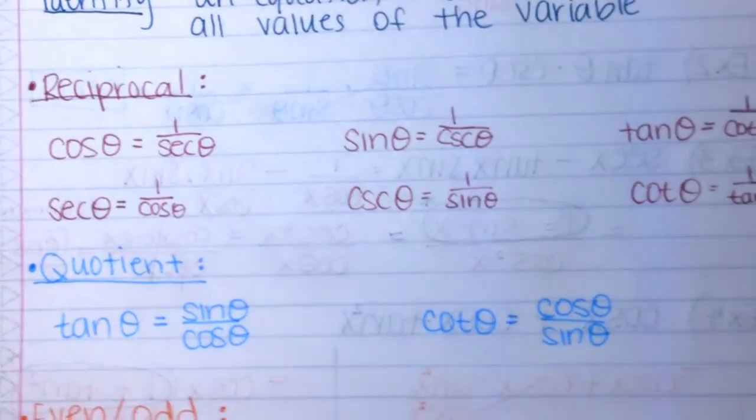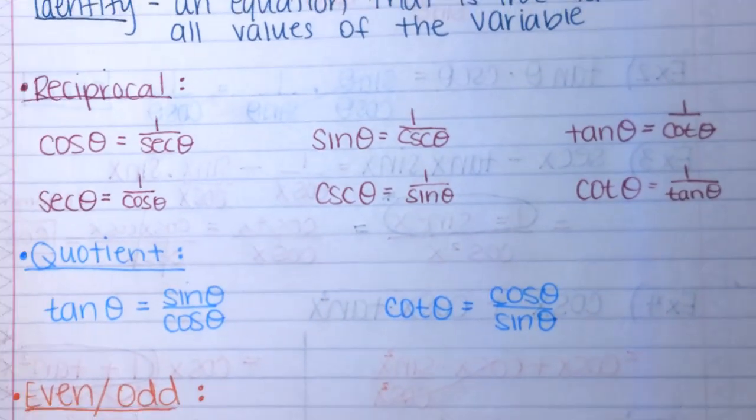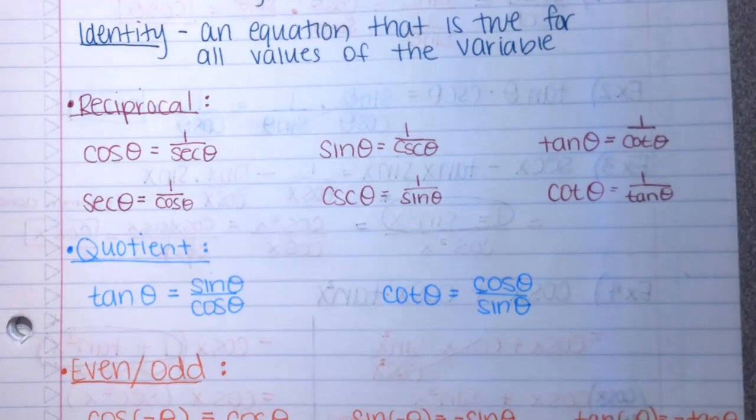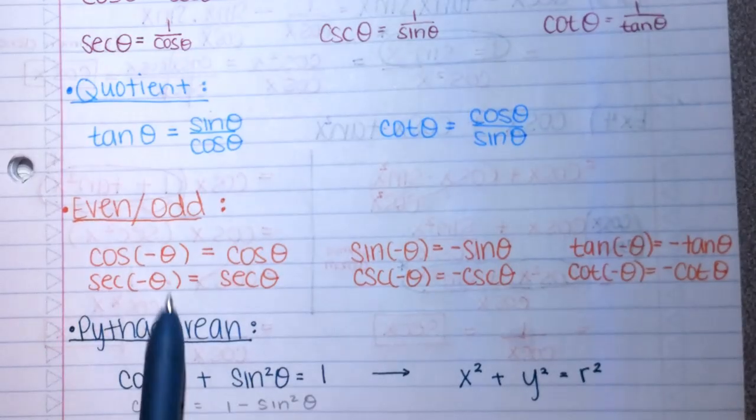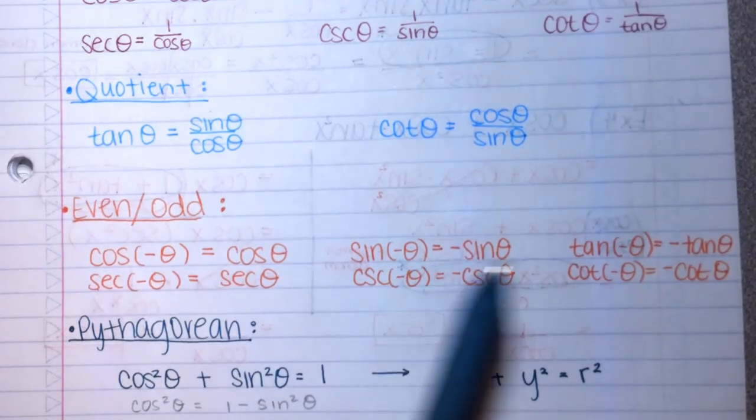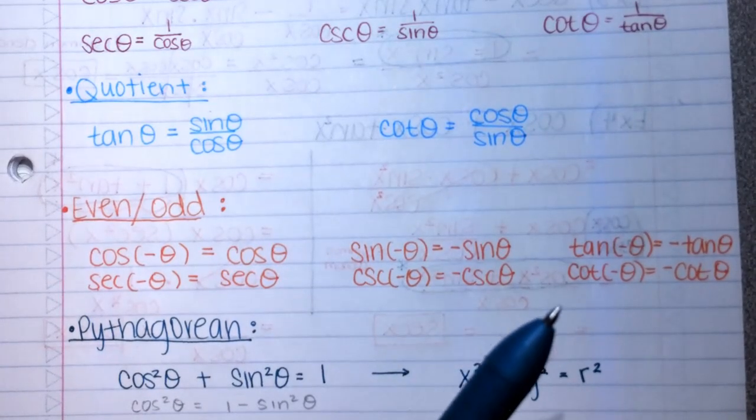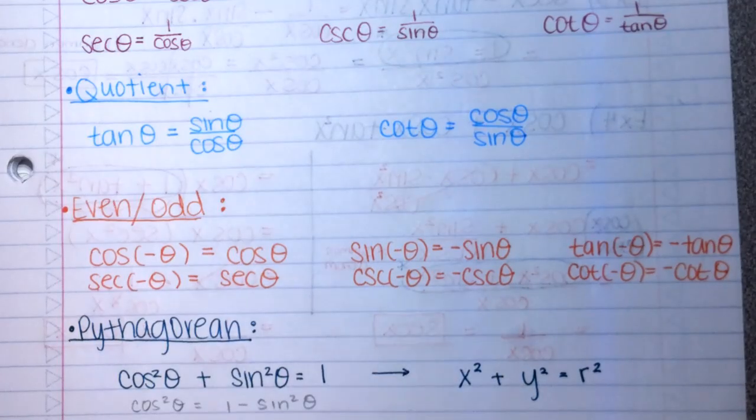All right. So as a reminder, you have your reciprocal identities, your quotient identities. We have our even odd. Honestly, our even odd, you are only going to be tested on the quiz. You're not really going to use the even odd identity in what we're doing right now.